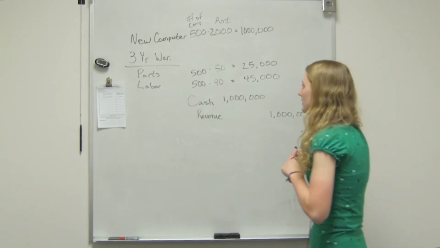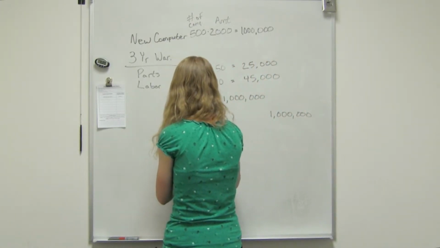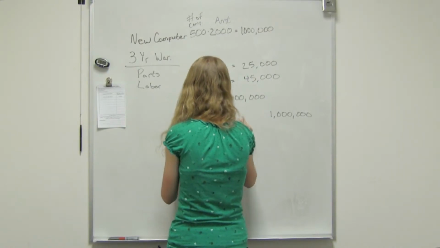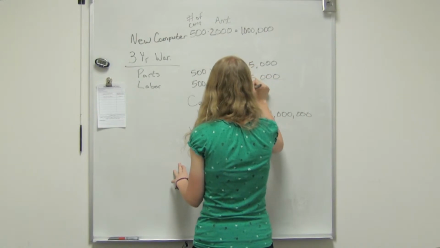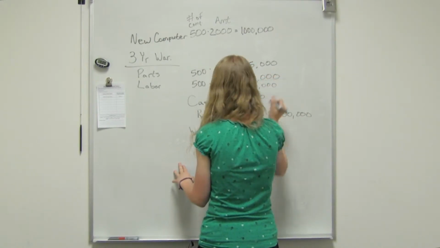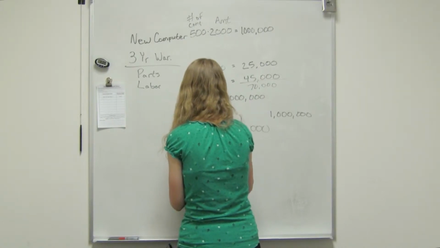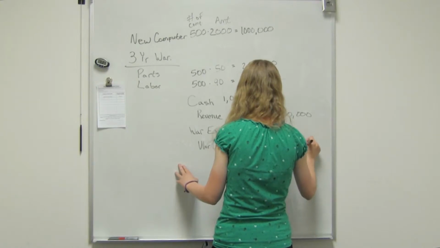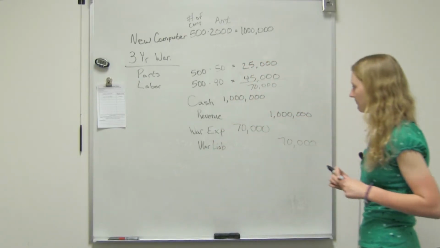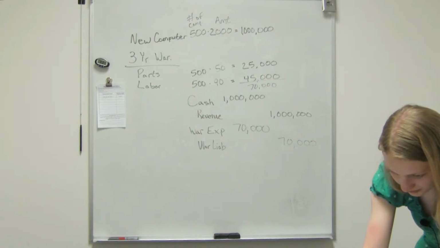That's going to go to our warranties expense for the debit of 70,000, which is the total of those. And then our warranty liability. So that sets us up for the first bit.